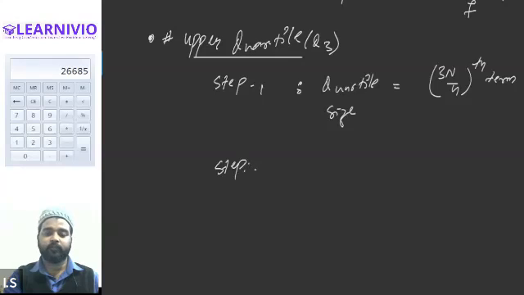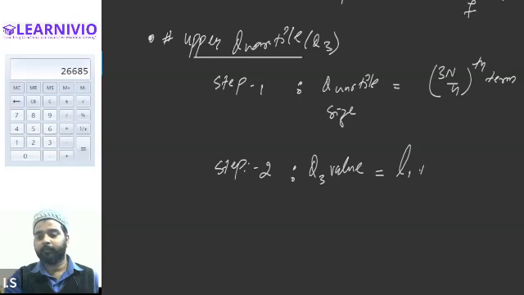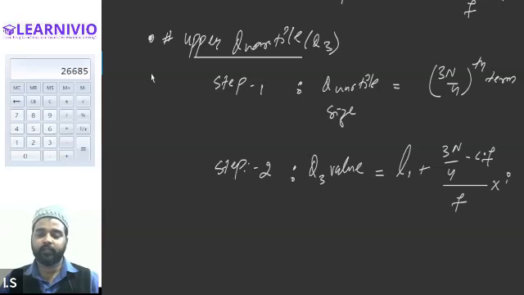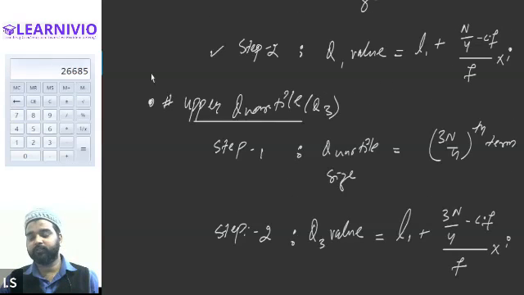And when we are required to calculate Q3 in case of continuous series, the second step will be to calculate the quartile 3 value. So for calculating the quartile 3 value, we will be applying this formula, L1 plus 3n by 4 minus CF upon F into I. This is the second step in calculation of the upper quartile in case of continuous series.